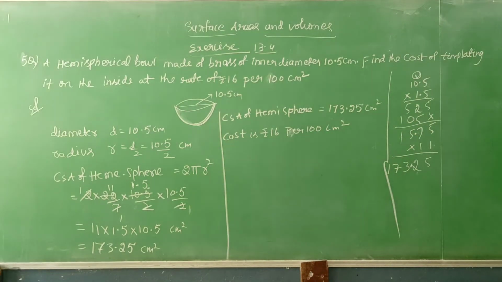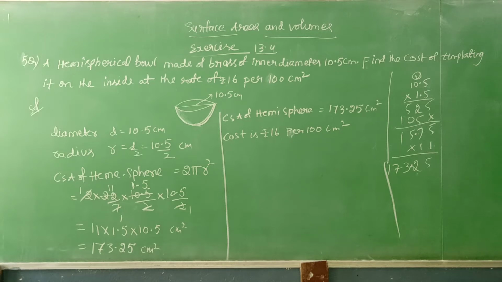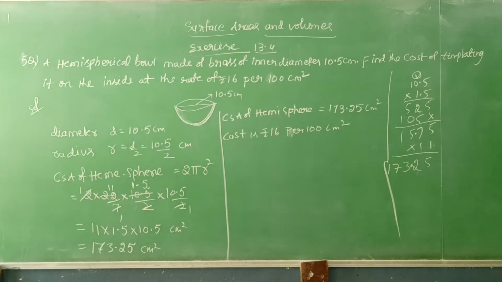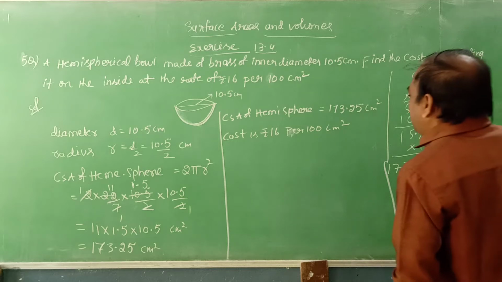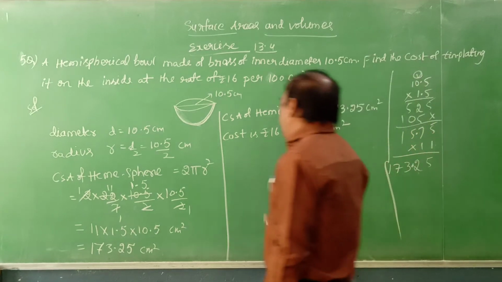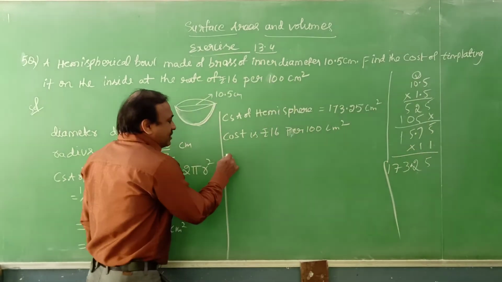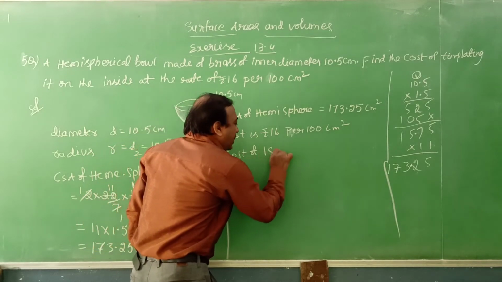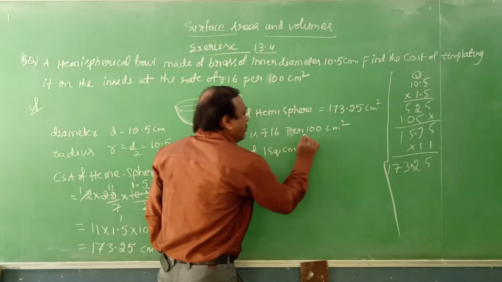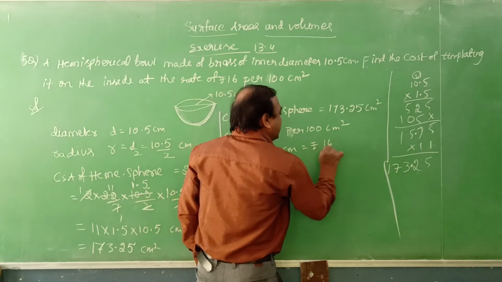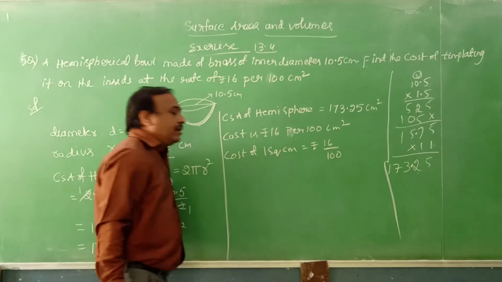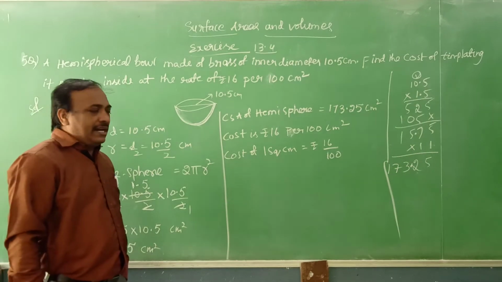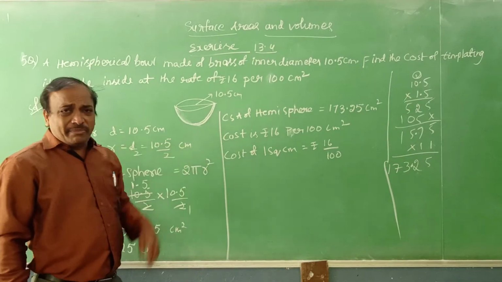Now what is the cost of 173.25? The cost is rupees 16 per 100 centimeter square, so the cost of 1 square centimeter is rupees 16 by 100.